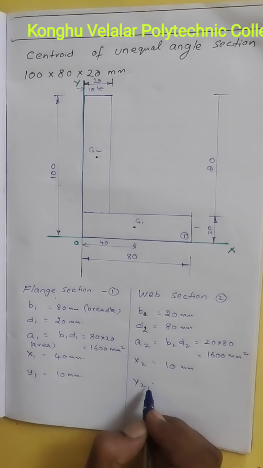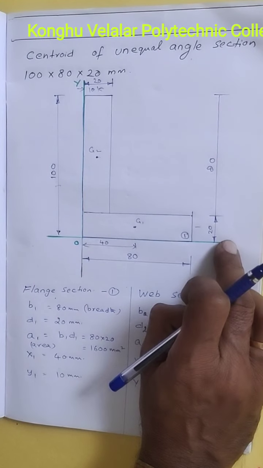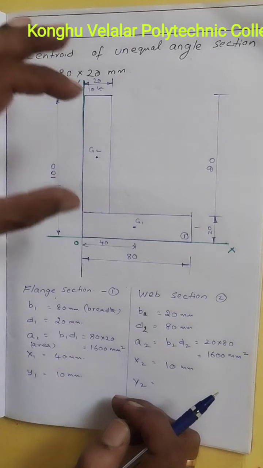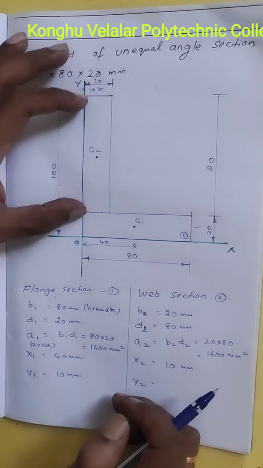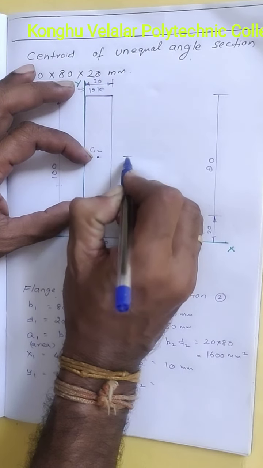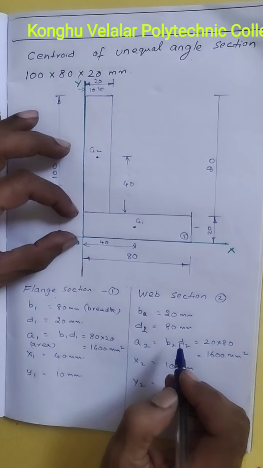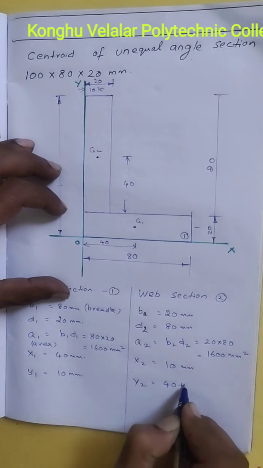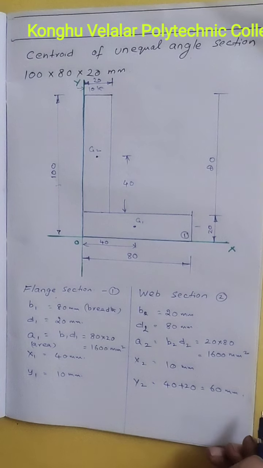And y2 is the distance from this OX reference axis to this centroid. So you see, this is 80 and half of that is 40. So this is 40. And this is 20. So 40 plus 20, you get 60 mm.